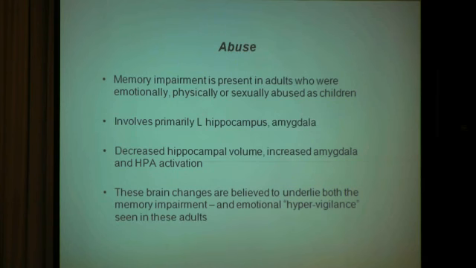And in sexual abuse and emotional abuse, the greatest changes occur in individuals who were either emotionally or sexually abused by a member of a family. And so this too, it means that the brain reacts to things that happen to us in our lives.